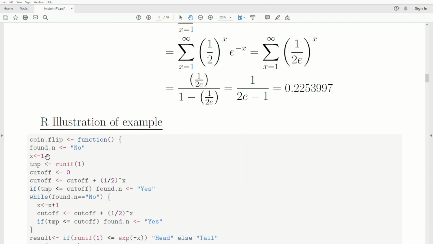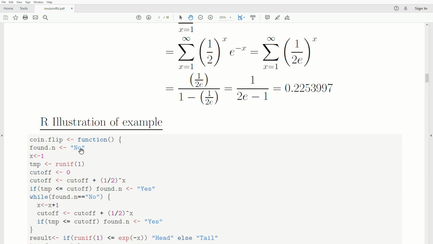We're going to call this function coin.flip because we want to flip a coin and find the probability that it's a head. It's going to take a few steps. We set found to no, meaning we need to observe that random variable, and currently we haven't seen it.